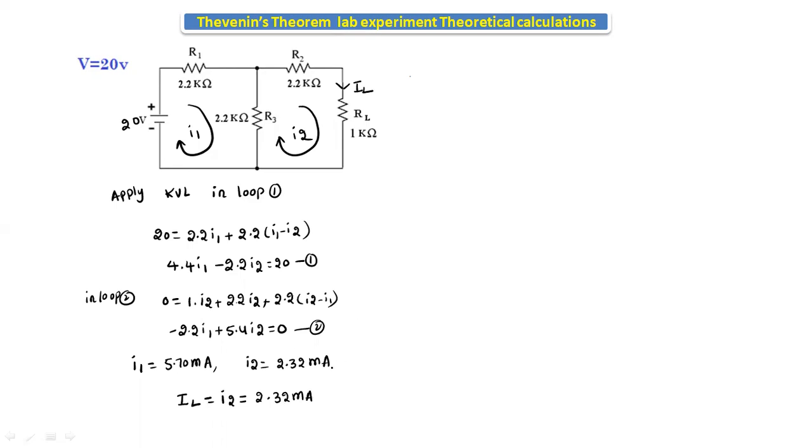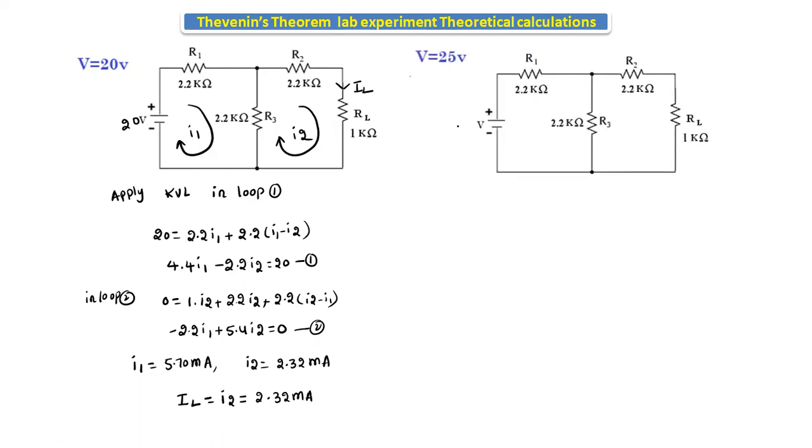Now let's see for the supply voltage of 25 volts. Assume that in this loop I1 current is flowing and in this loop I2 current is flowing.